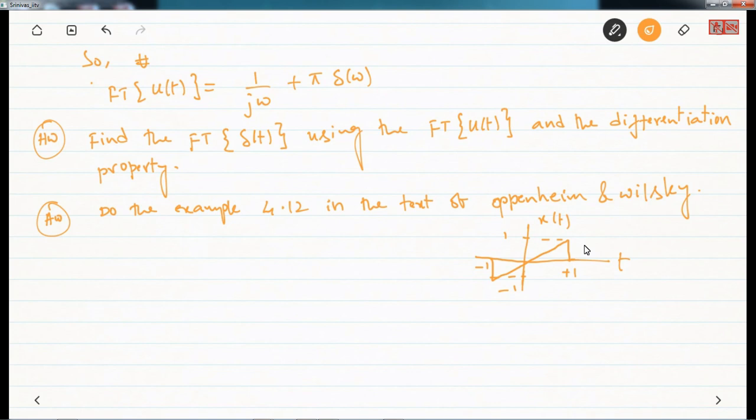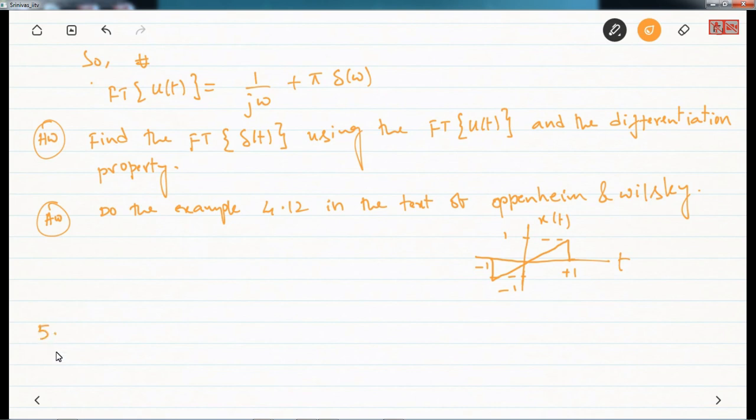Or can you use differentiation and integration properties, right? So you look at this example. This is a fully solved example in that book, so you will not find any problem in understanding it. He will decompose it into two signals and then use the differentiation and integration property. Okay, then we'll go to the time scaling property, and then with that we'll stop.